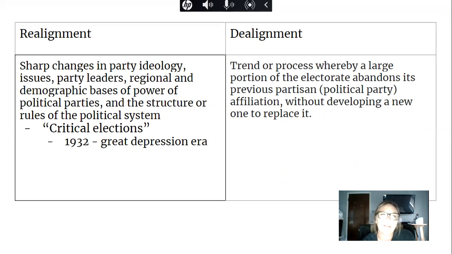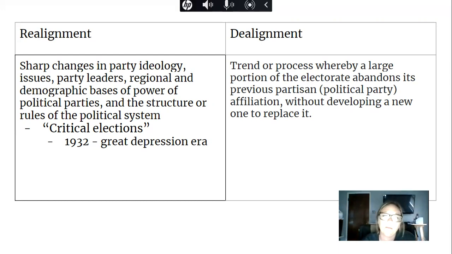All right. Government realignment versus de-alignment. So realignment is going to be a sharp change in political ideology, issues, party leaders, regional and demographic bases of power of political parties, and the structure of rules of the political system. So throughout history, we've seen these really critical elections, what we would call critical elections, that give us an idea of what realignment really looked like.